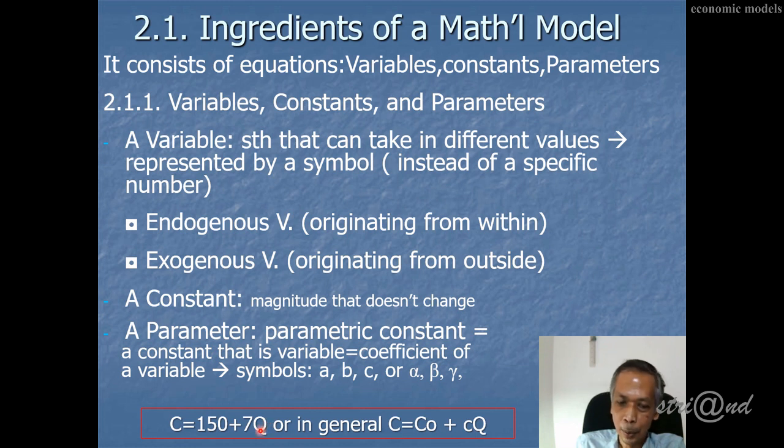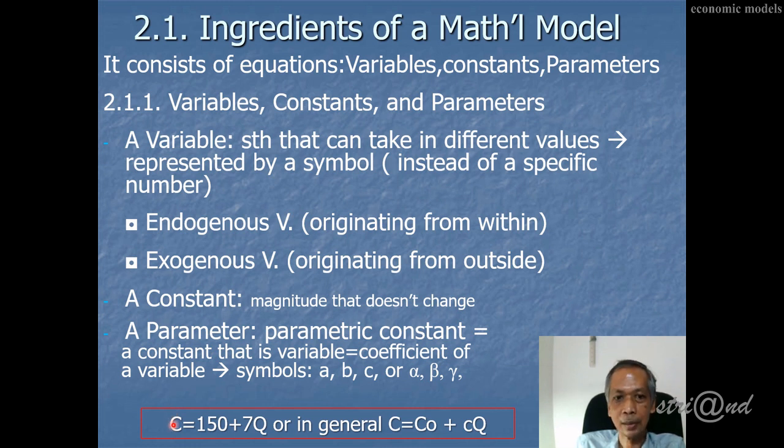Because it is positive, it is a plus here, when quantity increases, the cost will also increase. So this is a parameter. It is a constant that is variable, or it is a coefficient that shows how the behavior of Q will influence the behavior of C.